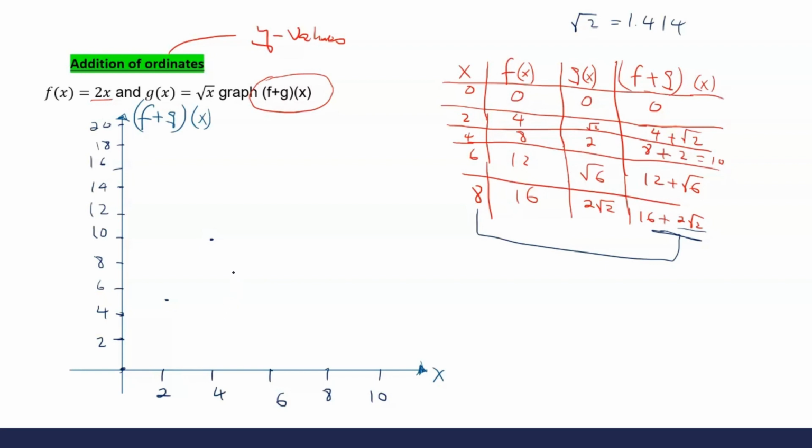When x is 6, y is 12 plus, so almost 14 point something. It's going to be that. When x is 8, y is 16 plus, so almost 18 point something. There.